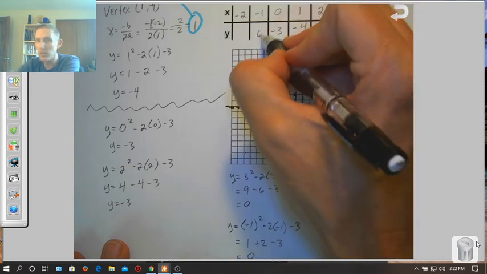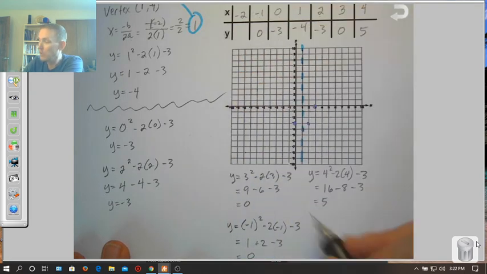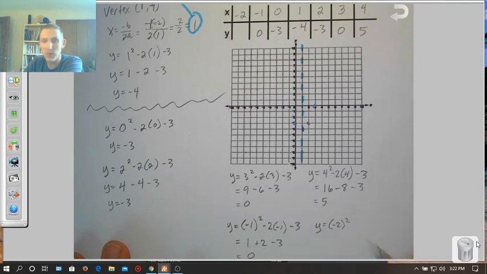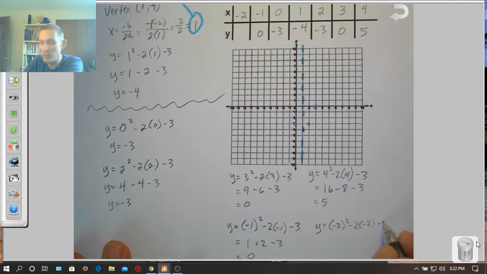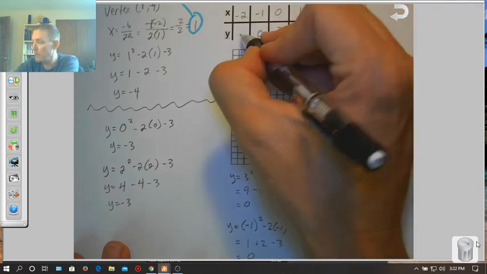So here's my 0. And I'll plug in the last one, -2 in parentheses, squared, minus 2 times negative 2 minus 3. So this one here, negative 2 squared is 4, plus 4 minus 3 equals 5.